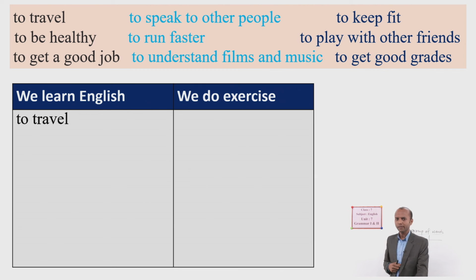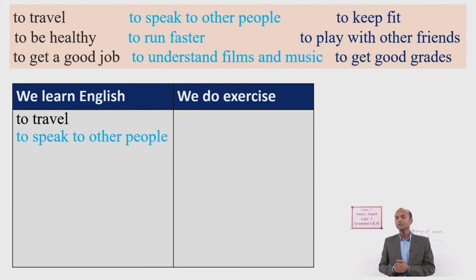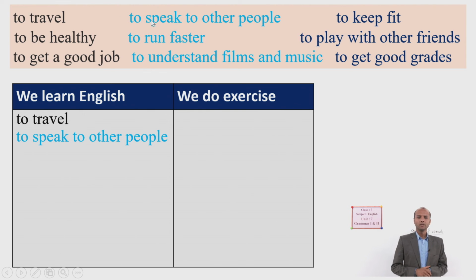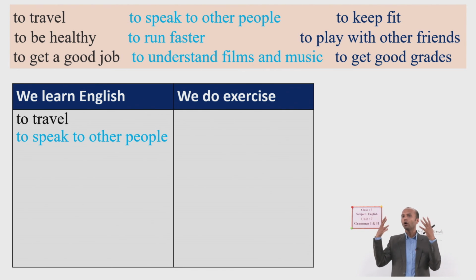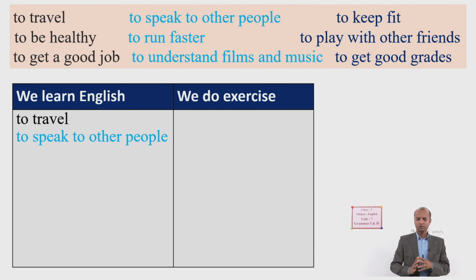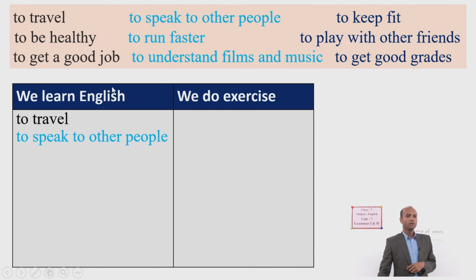So next could be to speak to other people. Definitely different people come with different languages, for example people from China, people from Pakistan. They speak English definitely, and you also have to speak English. That's why we learn English to speak to other people. So what is next?